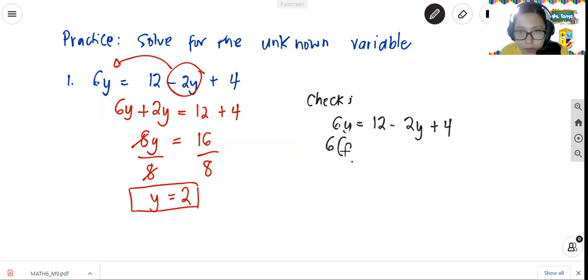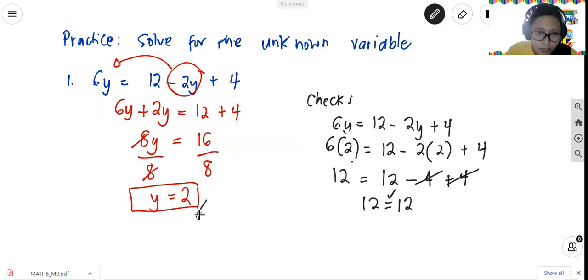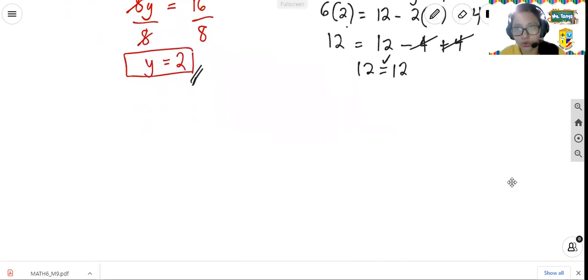So 6 times 2 is equal to 12 minus 2 times 2 plus 4. 6 times 2 is 12. 12 minus 2 times 2 is 4 plus 4. Oh, this one cancels, negative 4 and 4, and that will give you an answer of 12 is equal to 12. Hence, our final answer is y is equal to 2. It is a true solution.